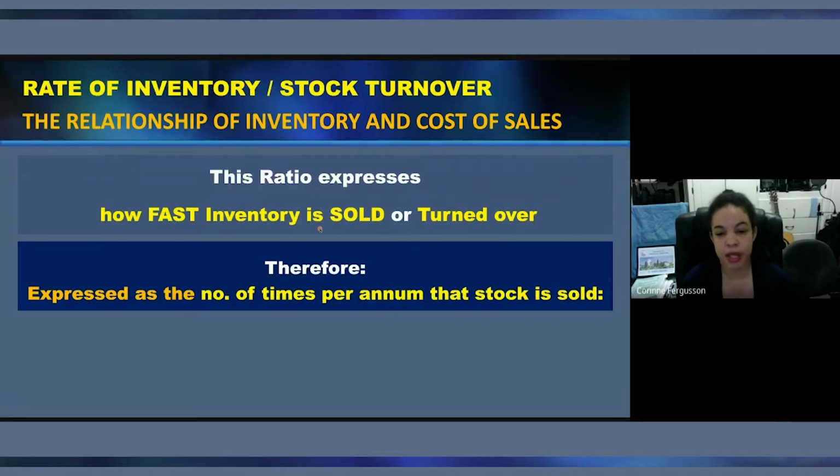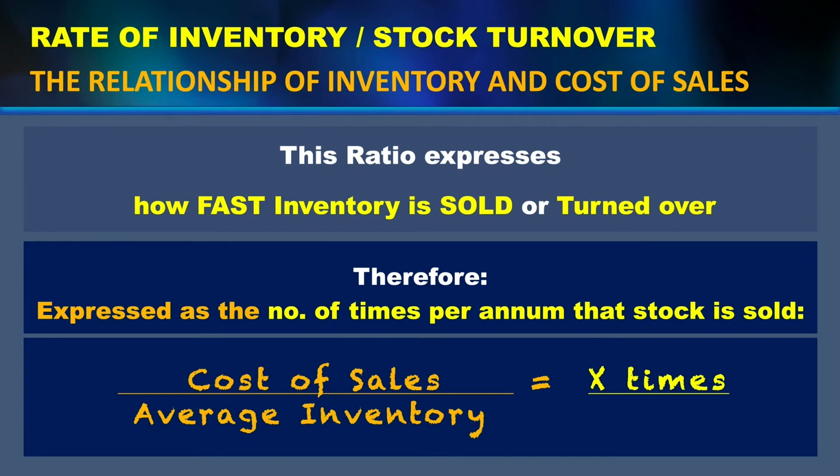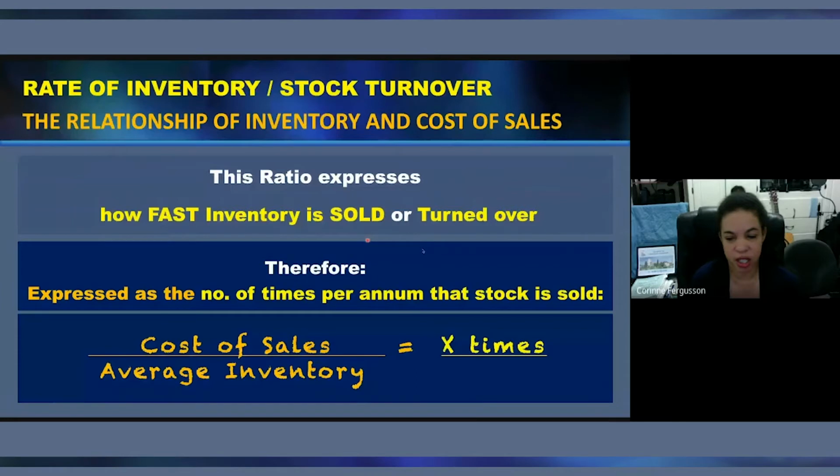The number of times per year that inventory is sold. So once again, what is the formula? Cost of sales over average inventory, and the answer you get, you add times to it, and that will tell you how many times per year that inventory is sold.